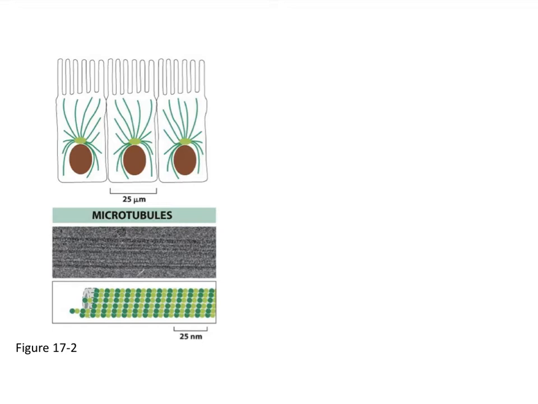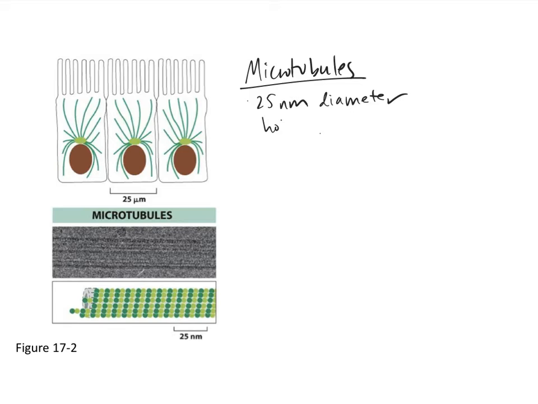Let's next talk about the microtubules. These are 25 nanometers in diameter, and they are hollow cylinders made up of tubulin protein subunits.